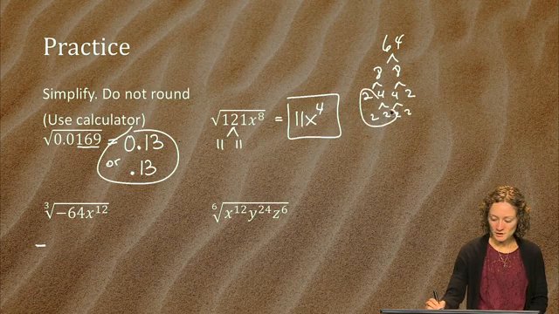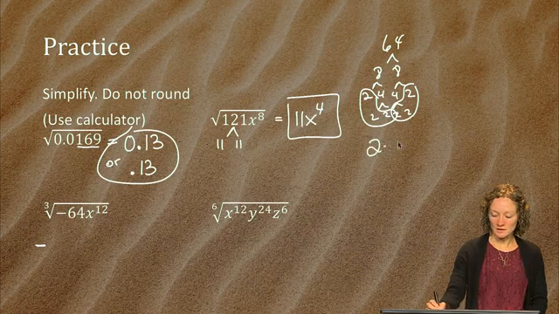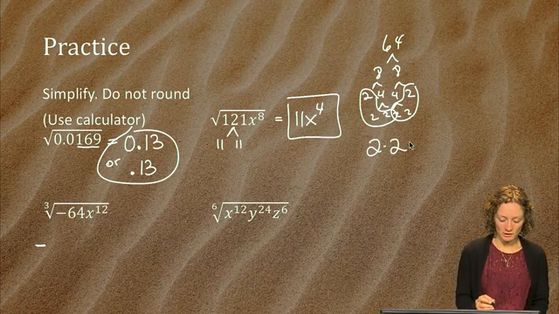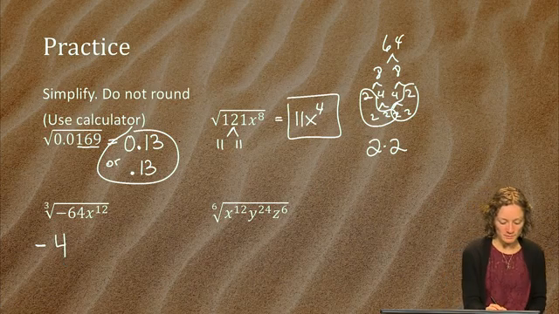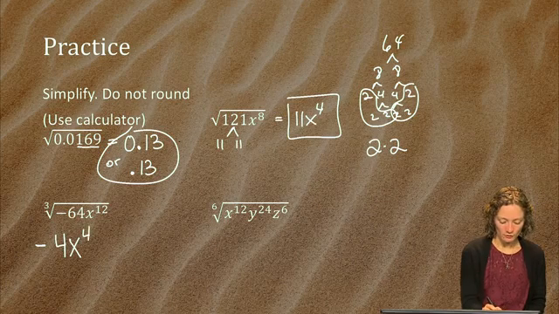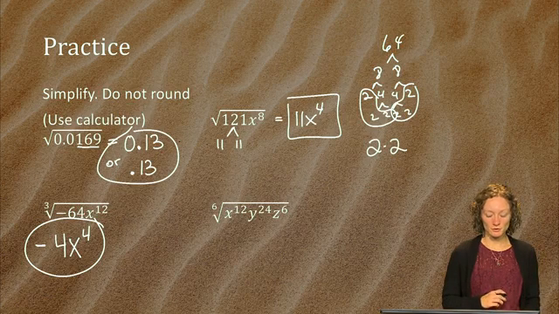We want groups of 3. We have 1 group of 3 and 2 groups of 3, which means 2 times 2 comes out, or 4. And then 12 x's, groups of 3, we get 4. So negative 4x to the fourth for that cube root.